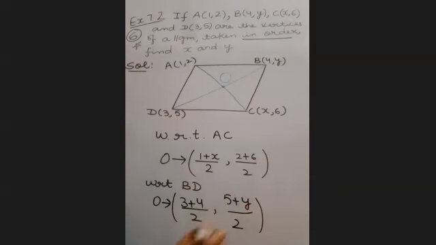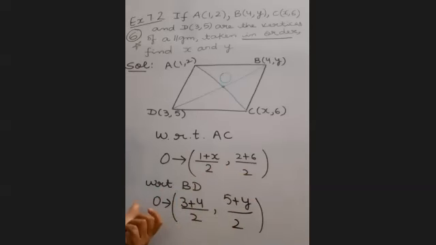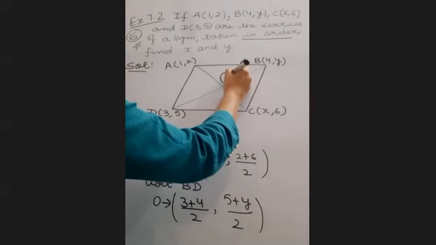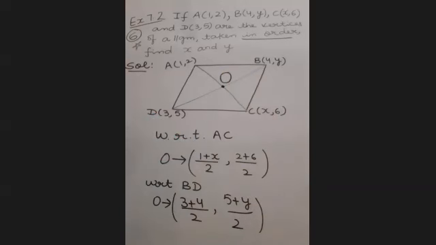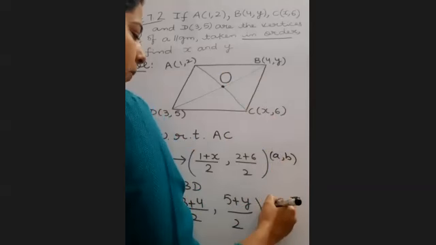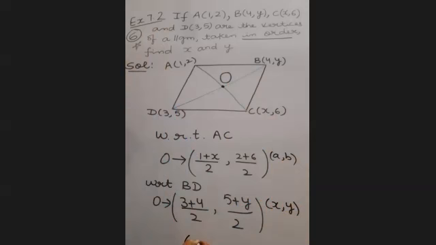But at one time I am saying the coordinates of O are this, another time I am saying the coordinates of O are this. But is this point O unique? Yes, ma'am, there is only one point O. So if this is represented by A, B and this is represented by X, Y, then should we have A, B equal to X, Y?